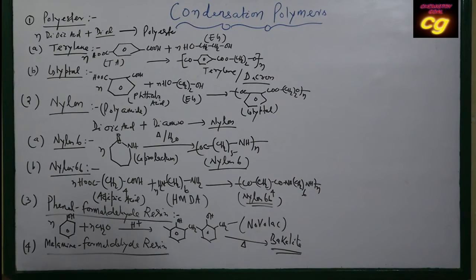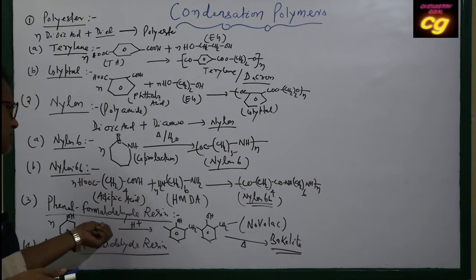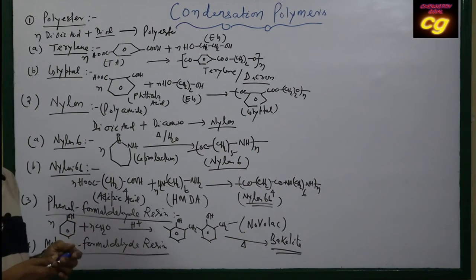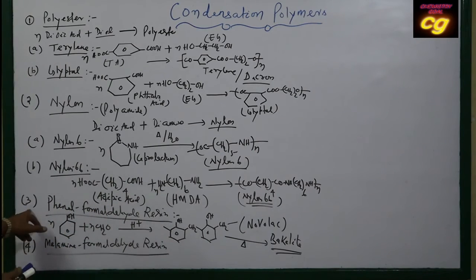This type of resin is one example of a network structure of a compound; we can say it is a thermosetting polymer resin. So there is phenol formaldehyde resin, and there is melamine formaldehyde resin.